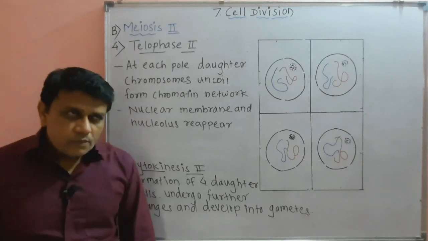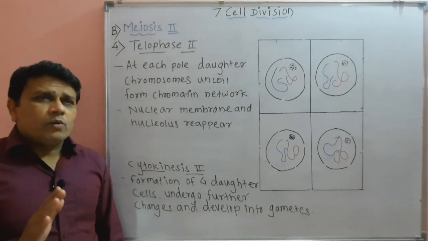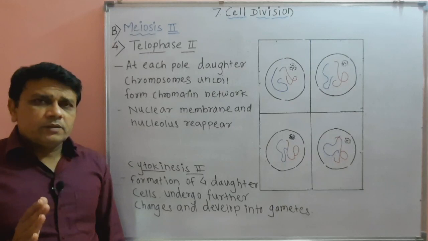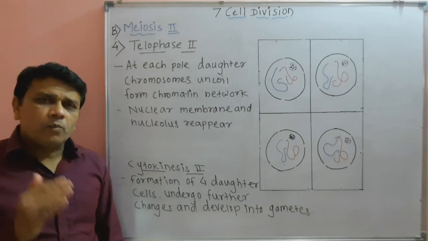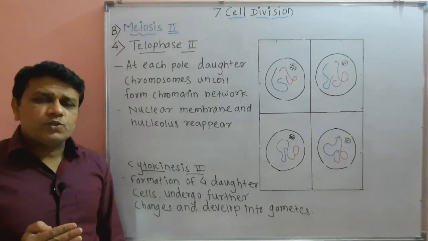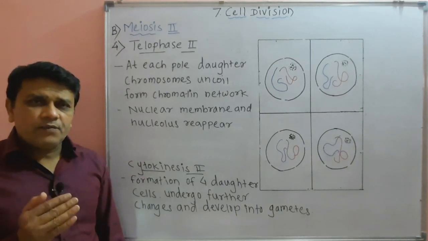As the chromosome number is reduced to half of the total number of chromosomes, meiosis is also called reductional division.